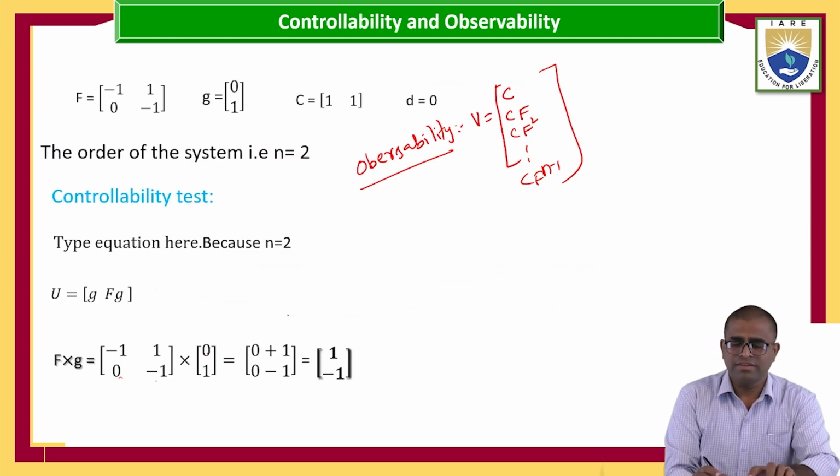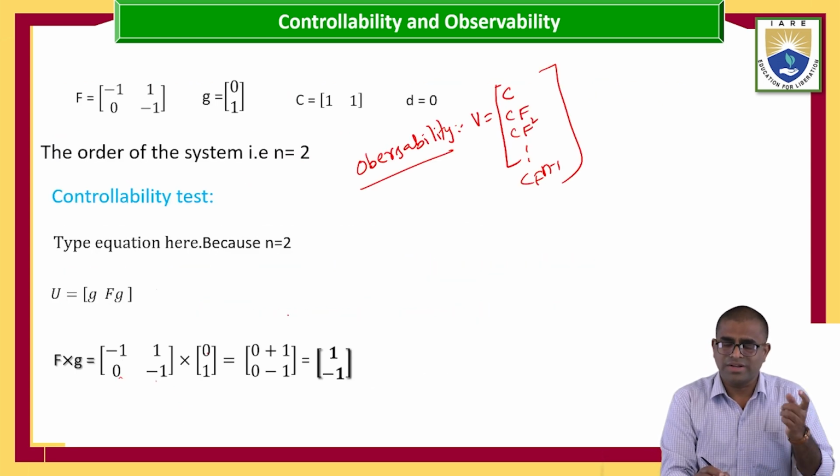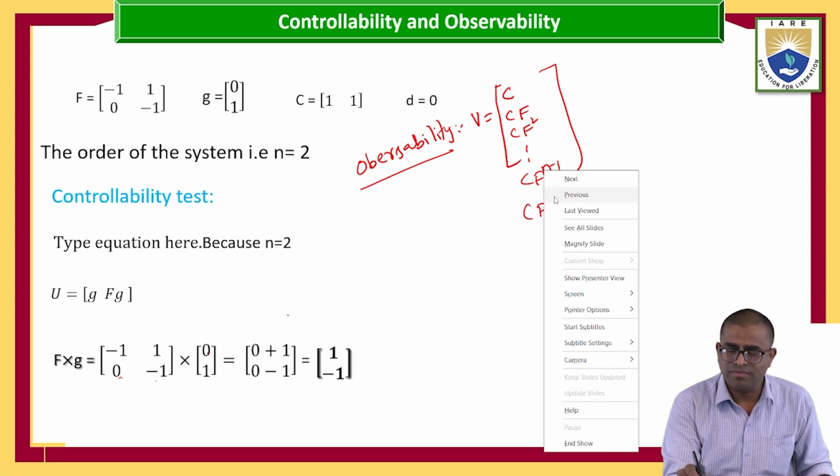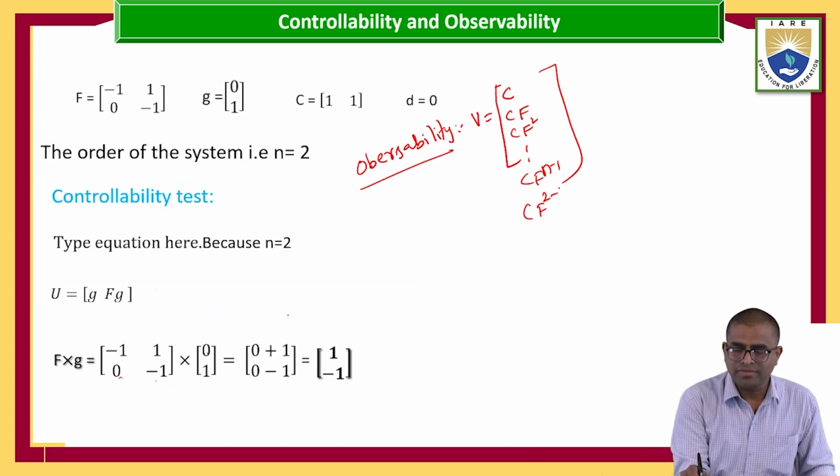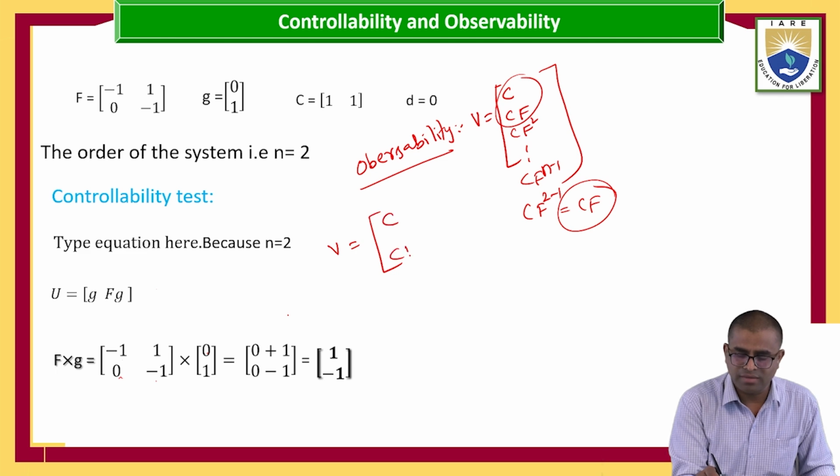In the problem, C is given, F is given. What is the order? The order is 2. So C into F power of 2 minus 1, that is C, CF. We write down C and CF as a column matrix.